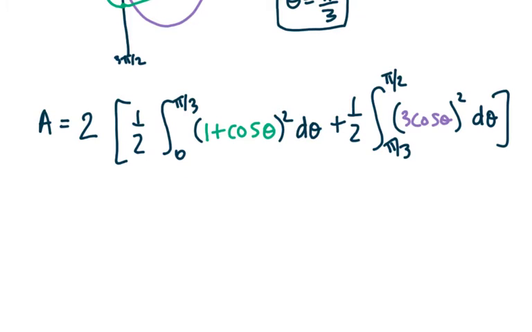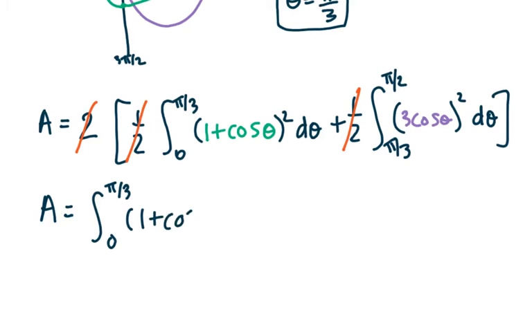Now the other thing that makes this one more of a pain is that because these bounds are different, I can't just write one integral. I can still cancel out the 2 and the 1/2, but I'm not going to be able to simplify it much past that because the bounds are different. So we're still going to have 2 separate things to type in. The first one, and then the second one, that little tiny, hard to draw piece.